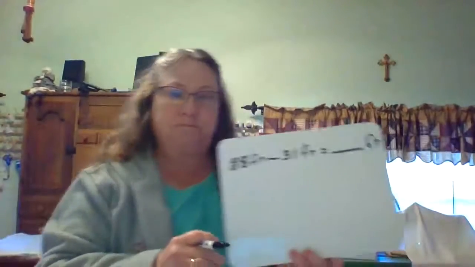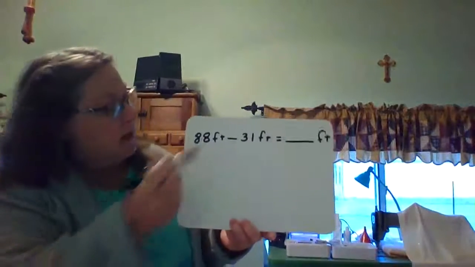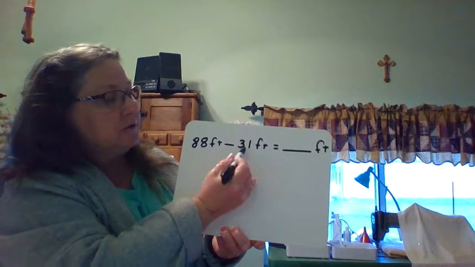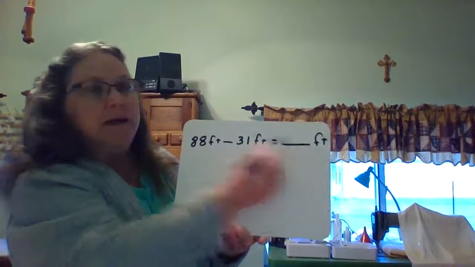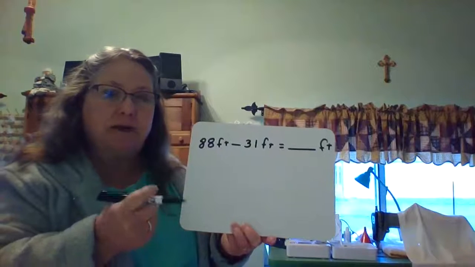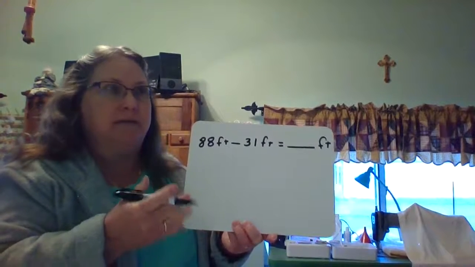Let's try another one. Set up just a little different. This one is 88 feet minus 31 feet equals blank feet.